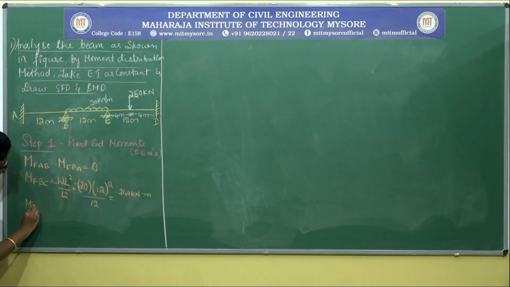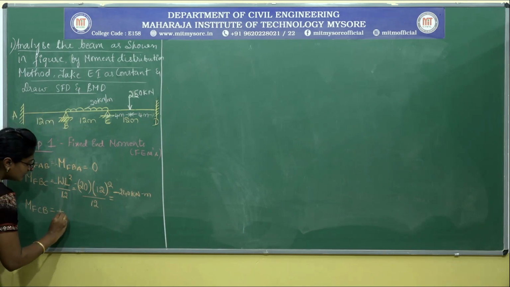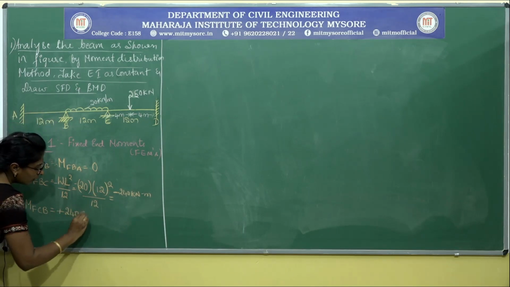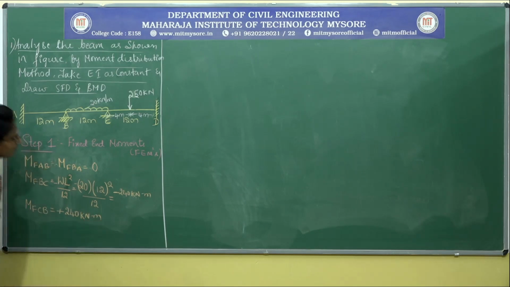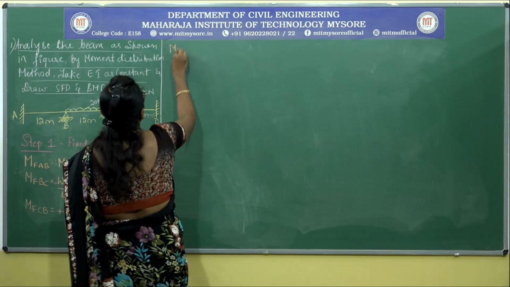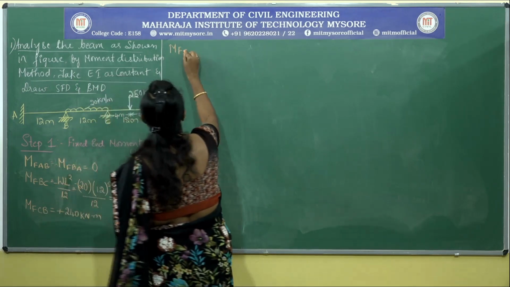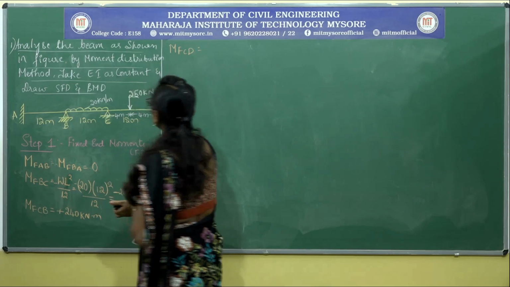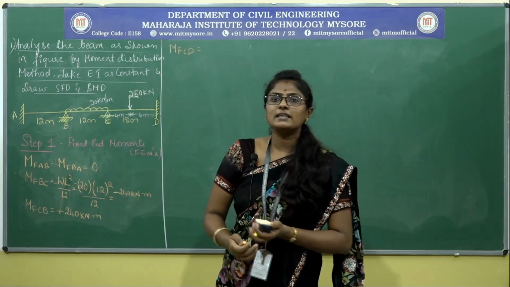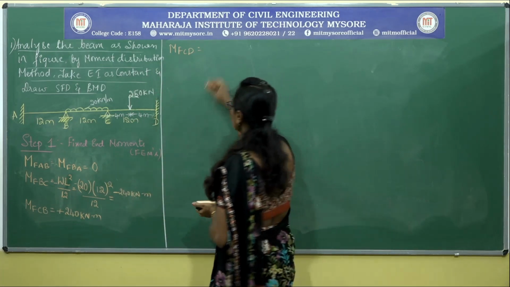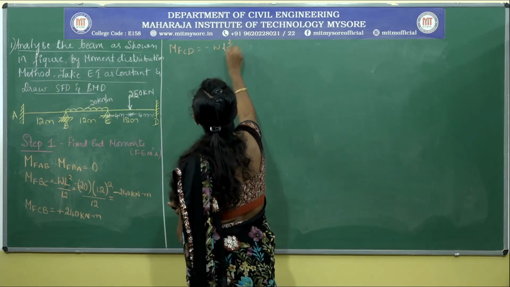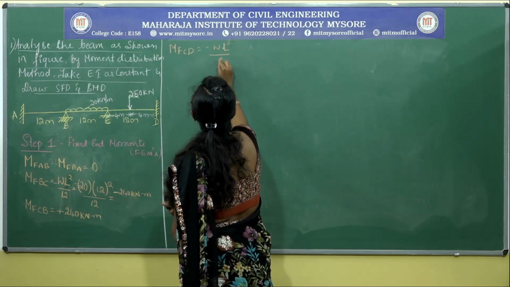Next, the same thing, MF CB: since the magnitude remains the same but in the opposite direction, it is plus 240 kilonewton meter. For span CD, the fixed end moment formula for MF CD is equal to minus WL by 8.